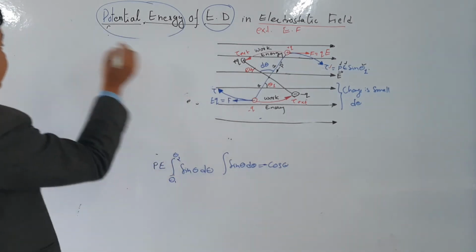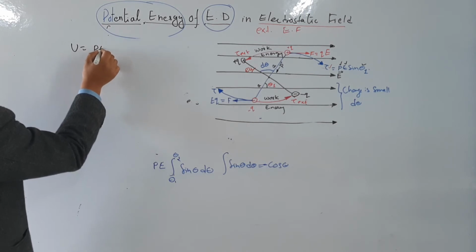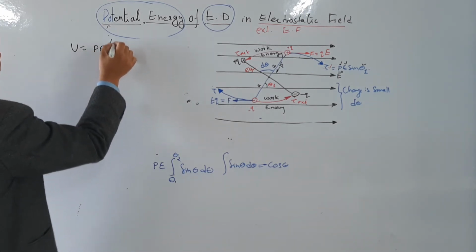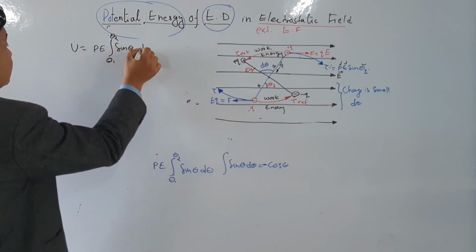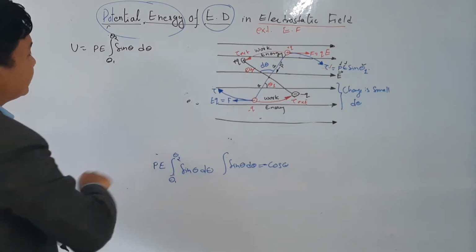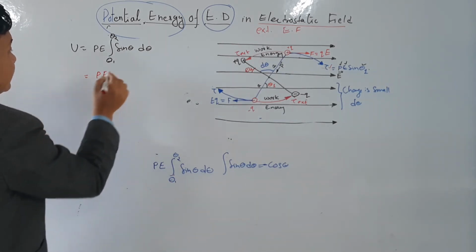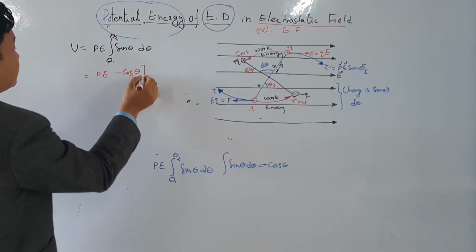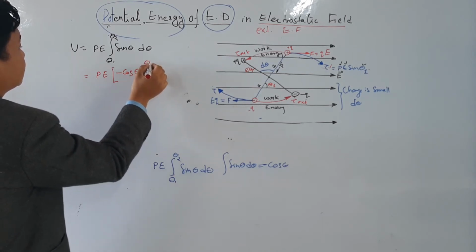So here what do I get? U will be equal to PE integration from theta 1 to theta 2 of sine theta d theta. If I integrate this, then I will get PE times minus cos theta from theta 1 to theta 2.